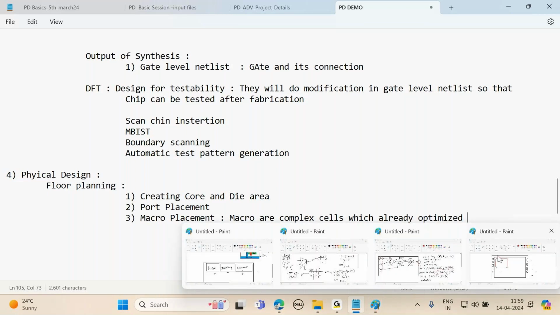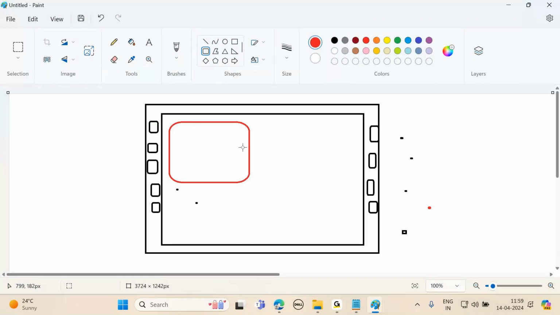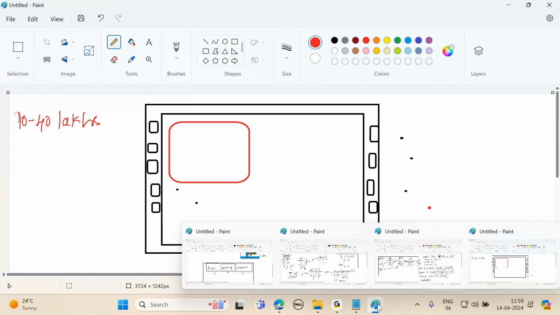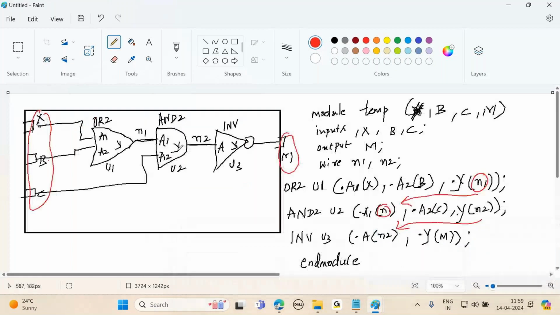Generally in the industry, you are going to work on designs having 10 to 40 lakh standard cells. How many standard cells have I written here? 1 to 3.